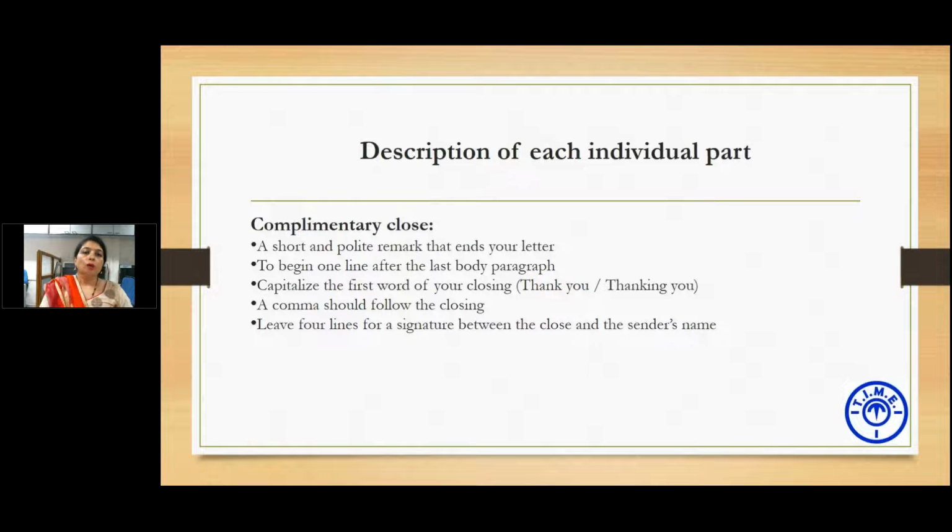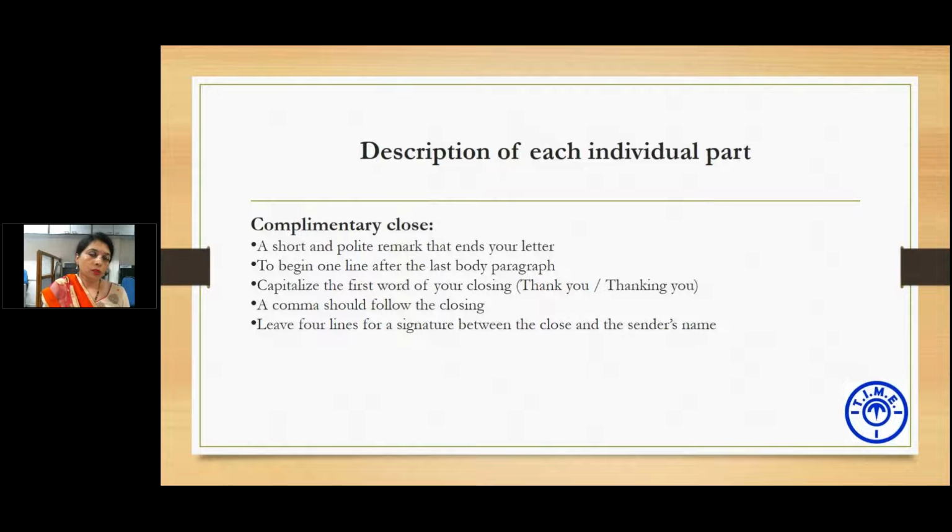That means where the last paragraph ends, skip a line and then write the complementary clause. The first word of the closing has to be in capital. Most commonly, we end up writing Thank you or Thanking you. Okay, and the T of Thank has to be in capital. And after Thank you or Thanking you, you need to have a comma.